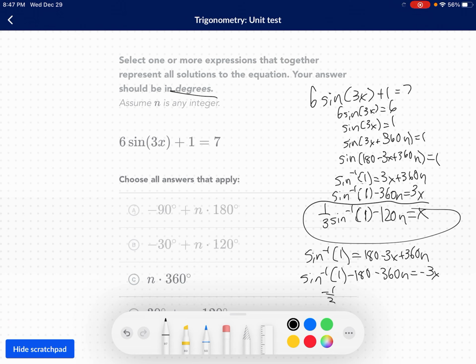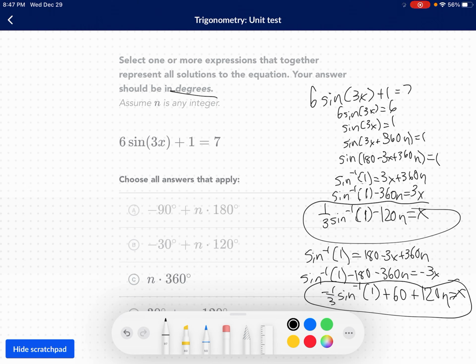Divide -3 on both sides. You get -1/3 inverse sine 1 plus 60, right? Yeah, and plus 120n. Alright, and this should be the other solution. And I'll just put this in the calculator, and make sure I have degree mode on. Yes, I have the degree mode on.